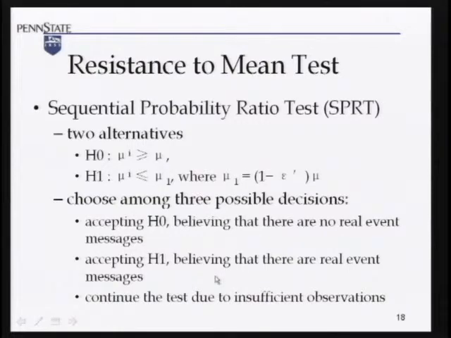In this case, the attacker will continue the test. You will receive more samples, more data, right? You observe this network, and once you have more data, you use that information to see if you can draw a conclusion. If not, you keep collecting data. This is the way the SPRT works, so it fits our scenario very well.